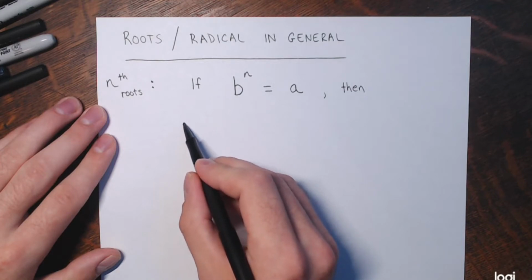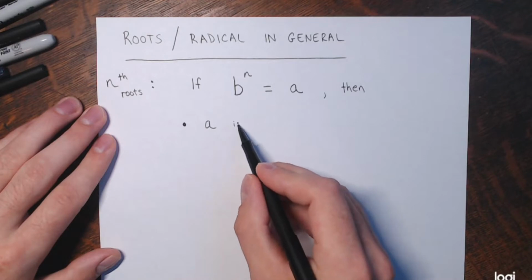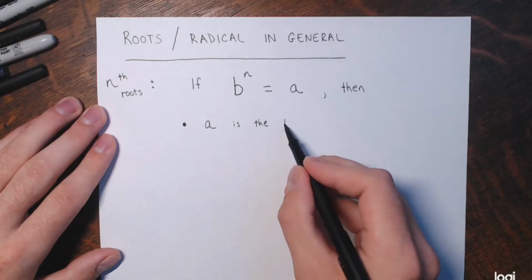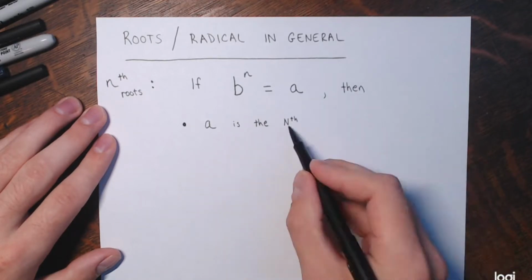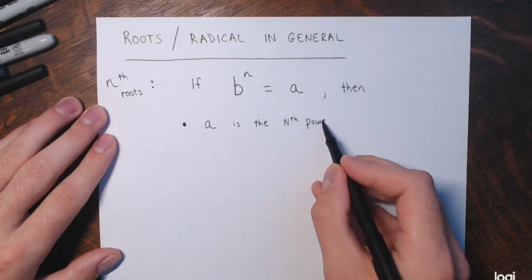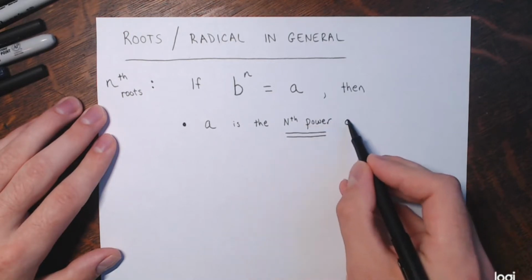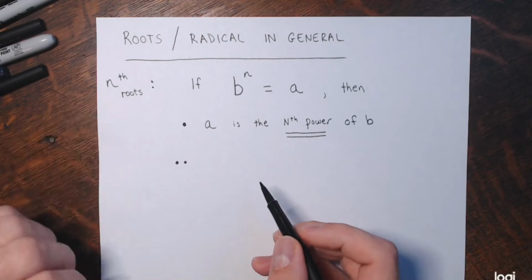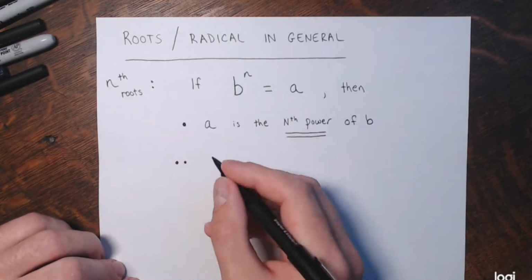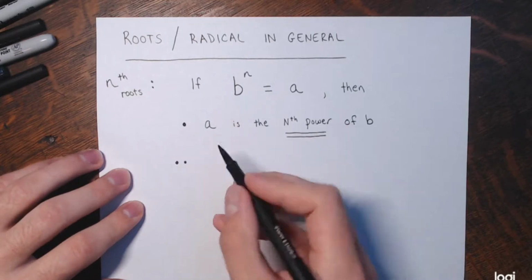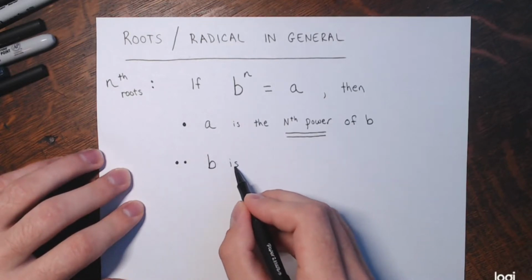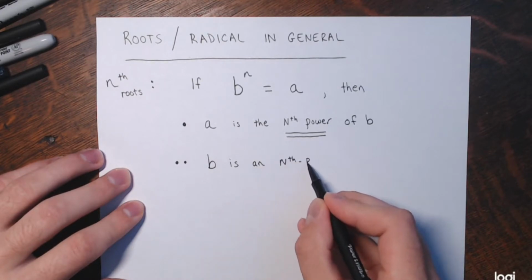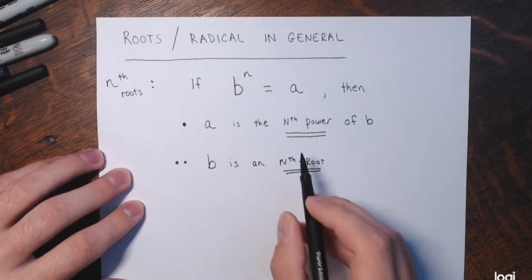We'd say a is the nth power of b, and b is an nth root of a.